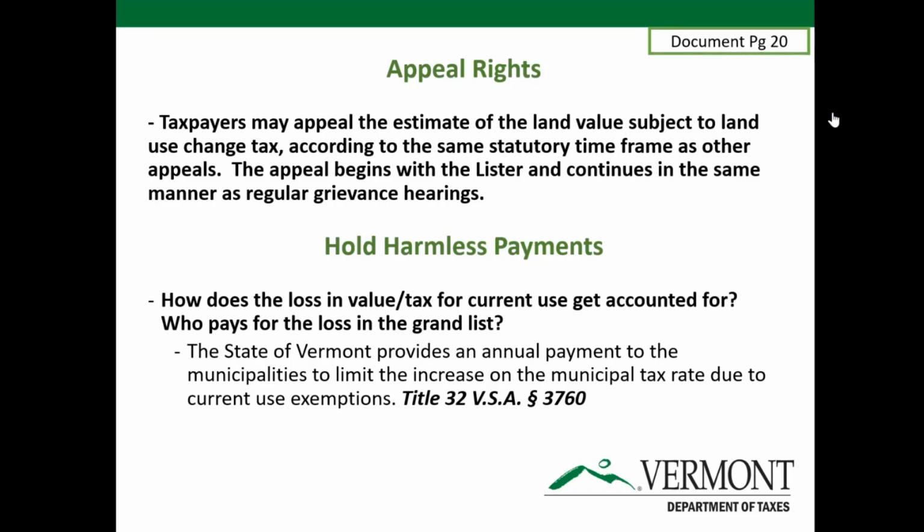We know that people weren't reappraising as often as they probably needed to, and there's always overturn on the board. VLCT has some great resources in their municipal area for general assessment appeals. I don't know that there's anything specific to current use allocation. Do you, Christy? I don't.